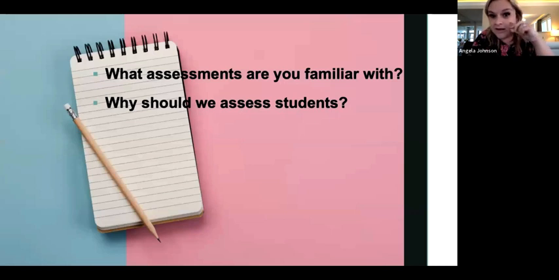What assessments are you familiar with? Now I'm gonna stop talking so that I don't give you all the answers, right? And then the second question is, why should we assess students? What is the purpose of assessment? So why are we assessing students so much every single day in our classrooms or in our early centers?